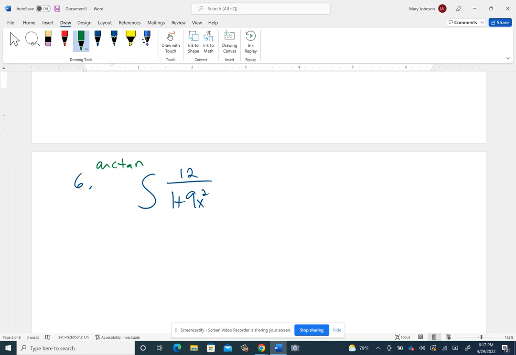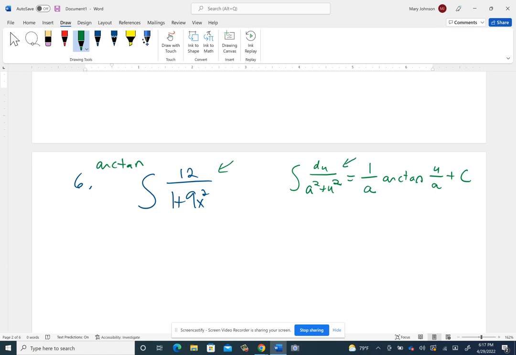Okay. So the arctan formula starts off with, well, actually, they usually write it with the du over a squared plus u squared. And what it turns out to be is 1 over a arctan u over a plus c. Okay. So I need to get what I see over here to look exactly like what I see there.